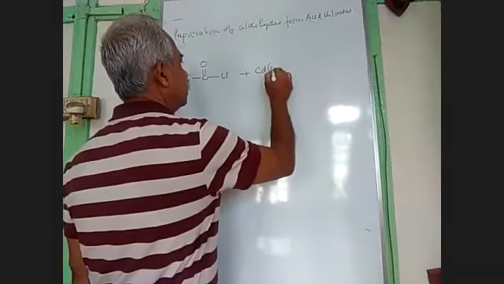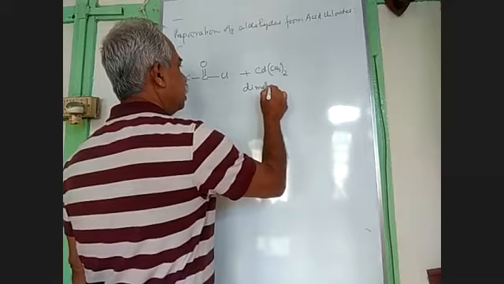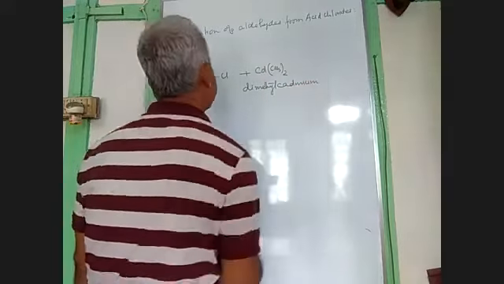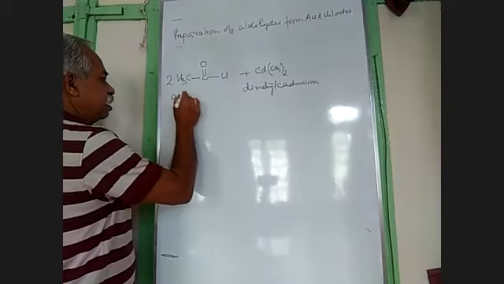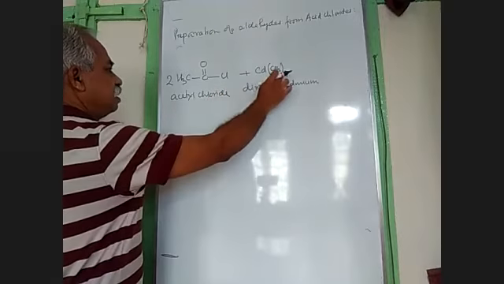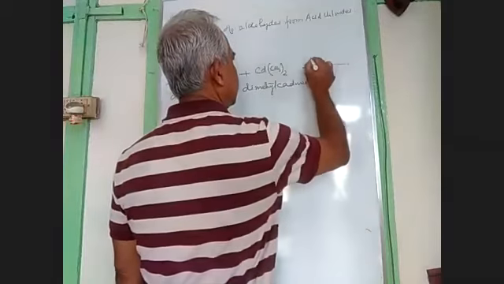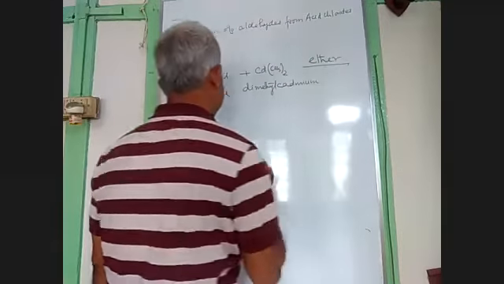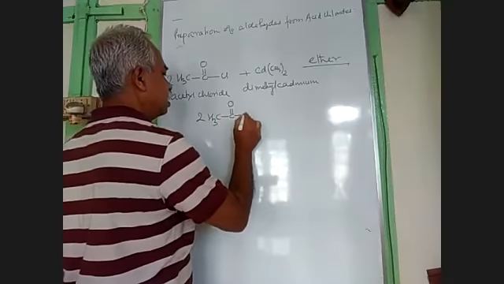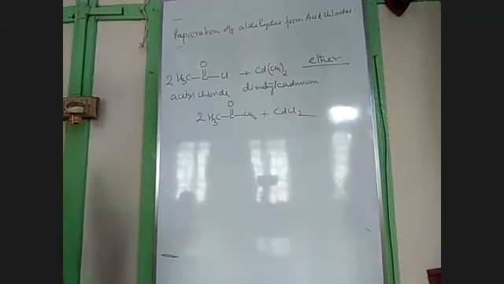This is cadmium. So this is called dimethyl cadmium. This is acetyl chloride. See here, both the methyl will come here and 2 chlorine will go to cadmium. Ether. So you will get now here 2 CH3COCH3 and cadmium chloride.